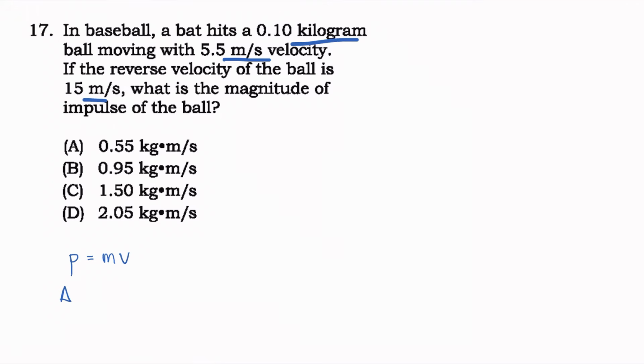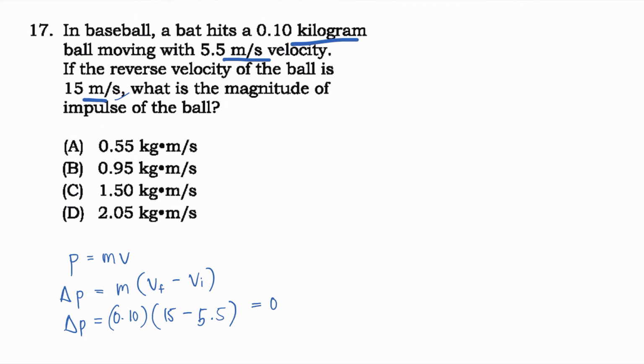So, change in momentum is equal to mass times final velocity minus initial velocity. Change in momentum is equal to, substitute lang natin yung given, 0.10 kilograms times yung final, which is 15 meter per second, minus yung initial na 5.5 meter per second.